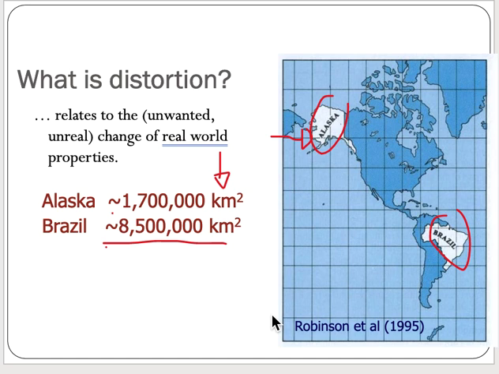So we have to remember that the area could be distorted, and we also have to remember a shape of a country can also be distorted when we are choosing a particular projection.